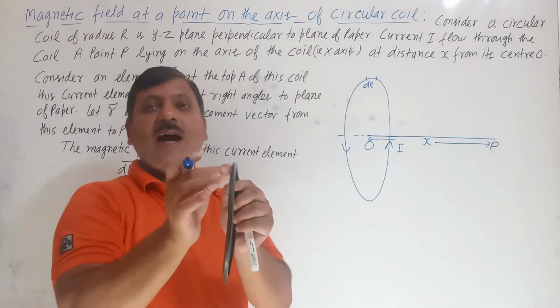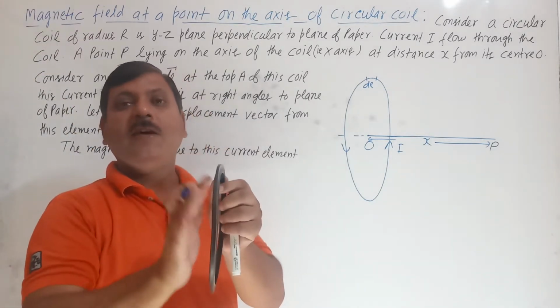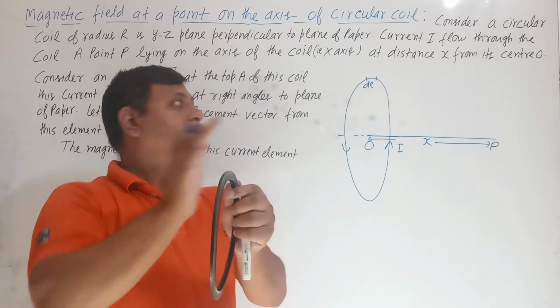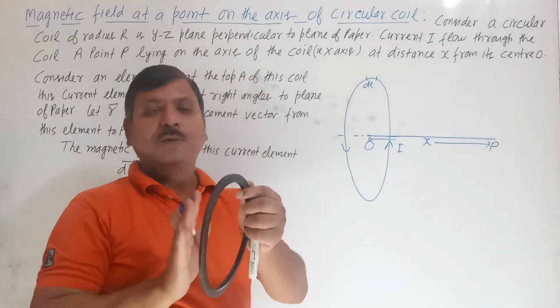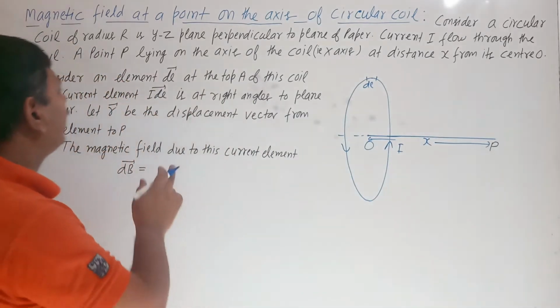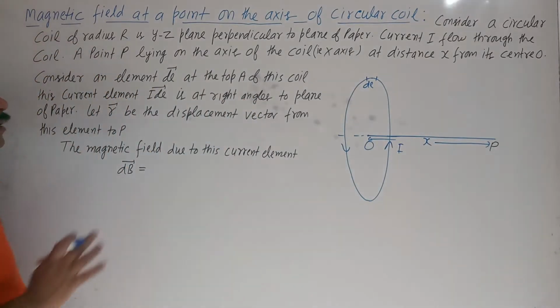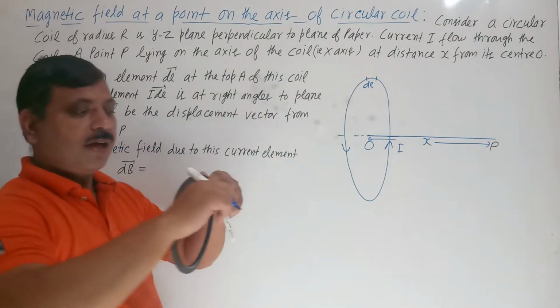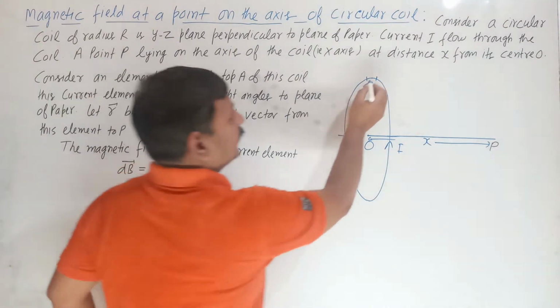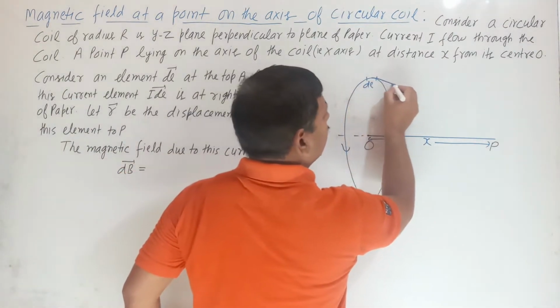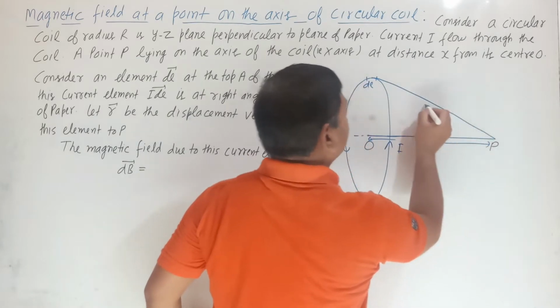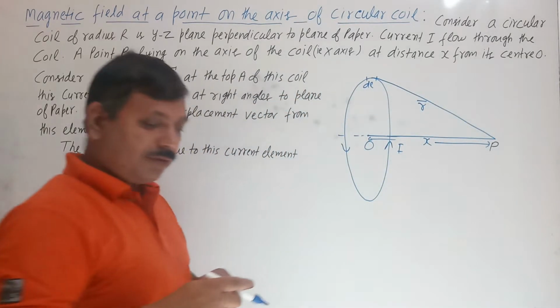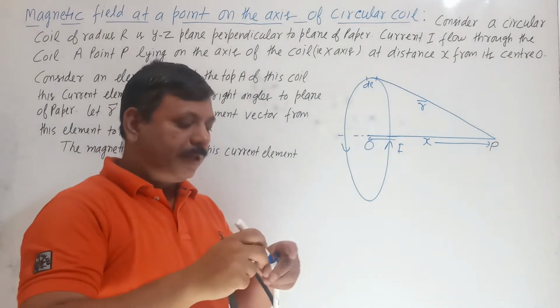This current element Idl lies in the plane of the circular coil, so it will be perpendicular to the plane of the board. When we join the point to this current element, I have supposed this as vector r. This is very important.